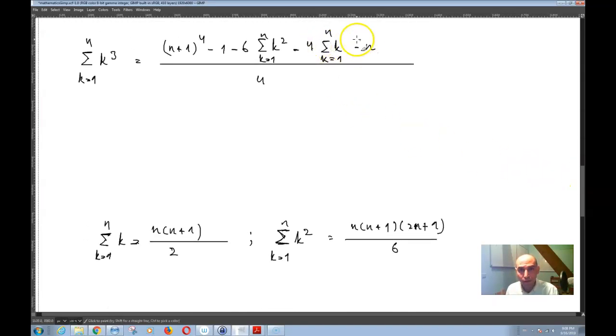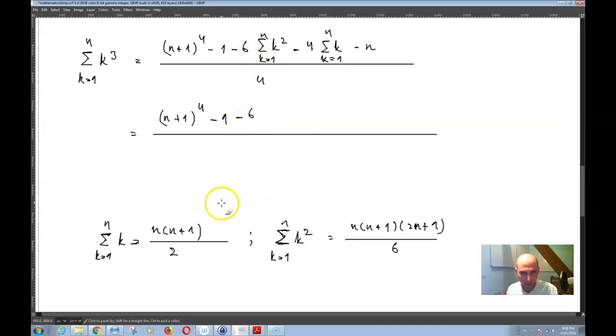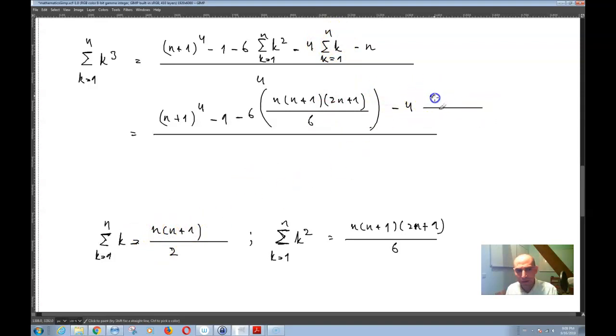Okay, so now I can substitute these values here. First of all, (n plus 1) raised to the power 4 minus 1, minus 6 times sigma k squared, which is this thing over here, n times (n plus 1) times (2n plus 1) divided by 6, minus 4 times sigma k, which is n times (n plus 1) divided by 2, minus n.